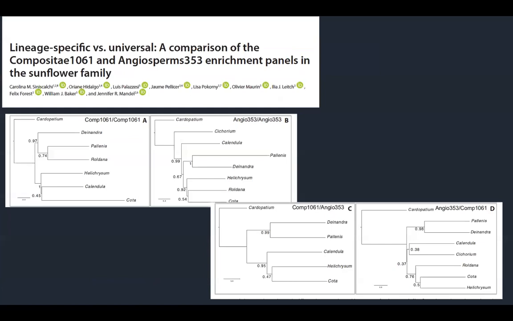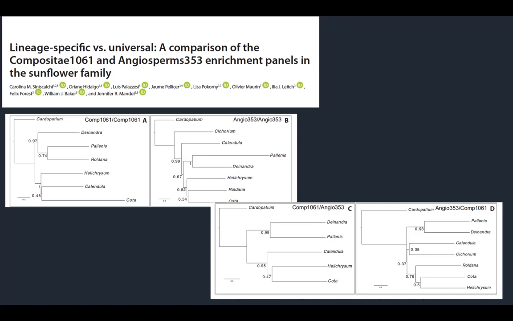Essentially, she did a whole bunch of analyses to look at the Comp 1061 captured with assemblies or sequences of the 1061, and then did the opposite. So she looked at species that were captured with the 1061 but assembled them with the Angiosperm 353, and vice versa.